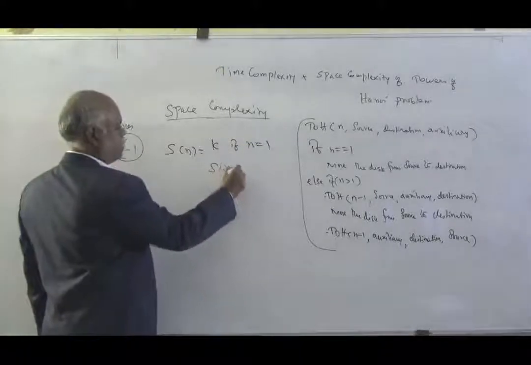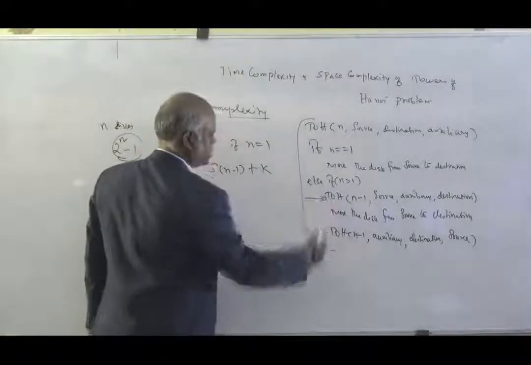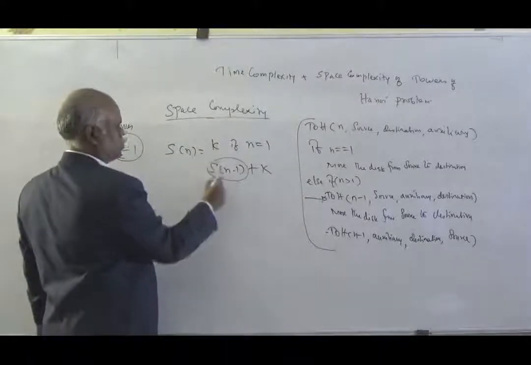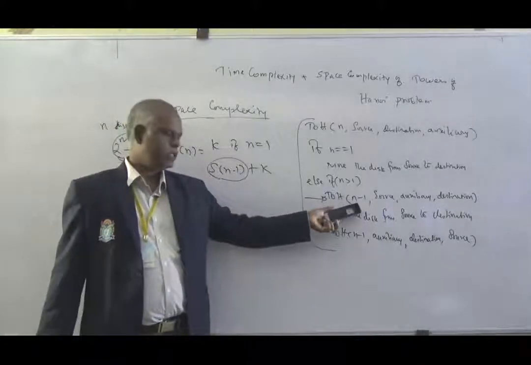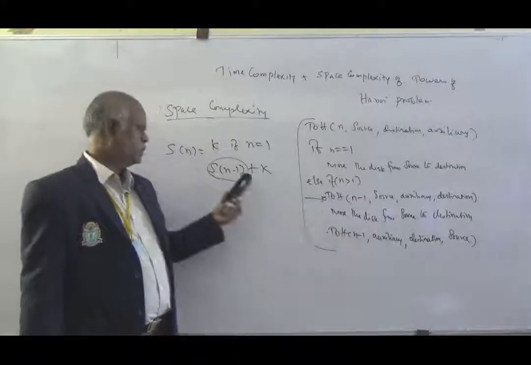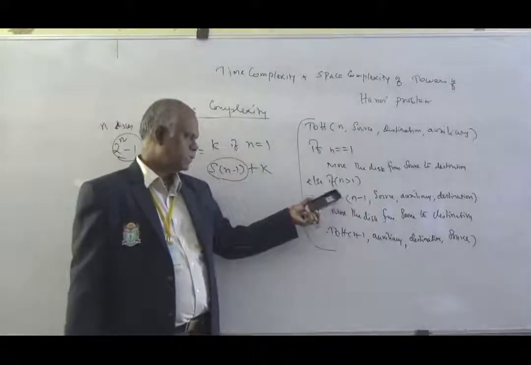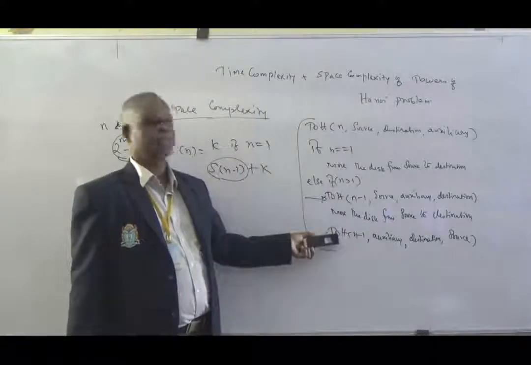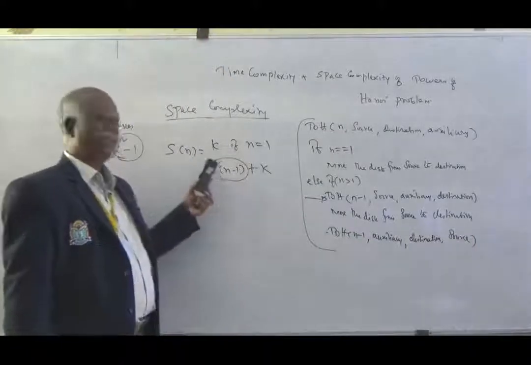Otherwise S of n minus 1 plus k, that is, to call this recursive procedure we need some memory space, that is S of n minus 1 storage space for calling the procedure towers of Hanoi n minus 1. Even though we call it 2 times, we take it into account only 1 time, because when this procedure is completed the same space can be used for the other procedure, so we don't count it 2 times, only 1 time.